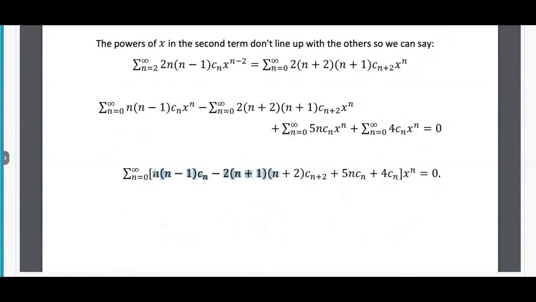So after doing all that, we get this one. So this is our goal. We want to line up the x to the nth power, so we can factor out all the coefficients, because a power series equals 0. That means all the coefficients are 0.